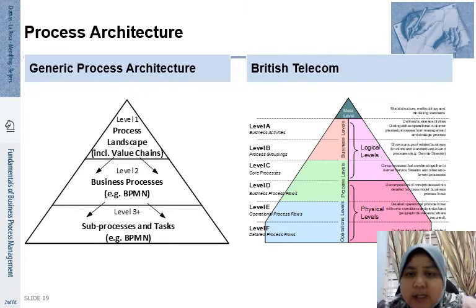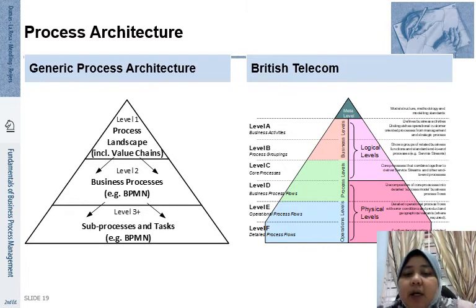Okay, this is an example from British Telecom on the levels using the generic process architecture. They classify the lowest, levels E and F, as the operational level, where F is a detailed process flow containing further decompositions of detailed operational requirements.